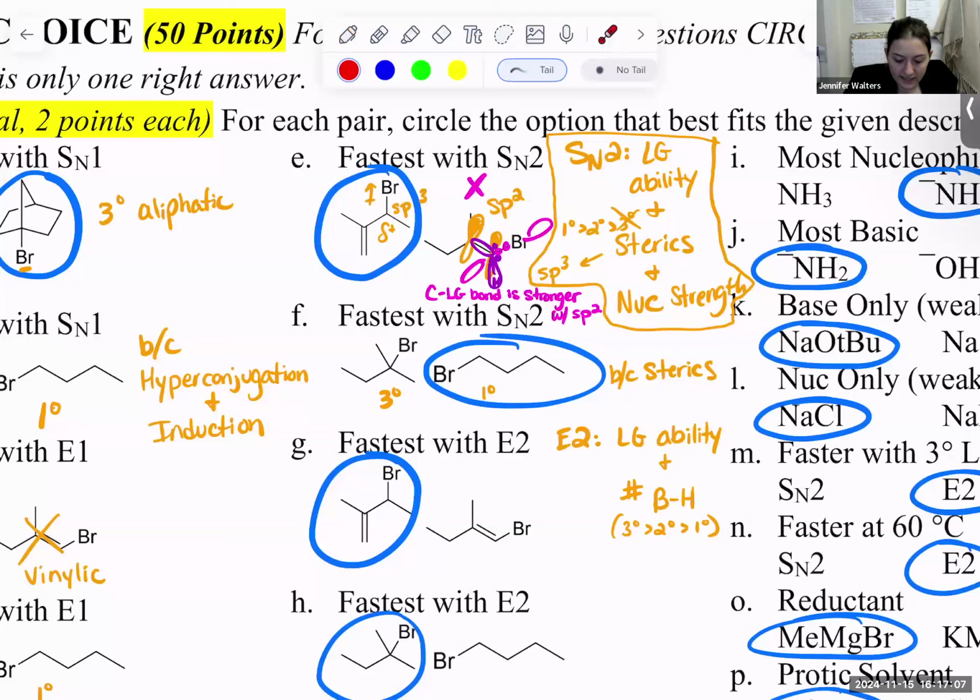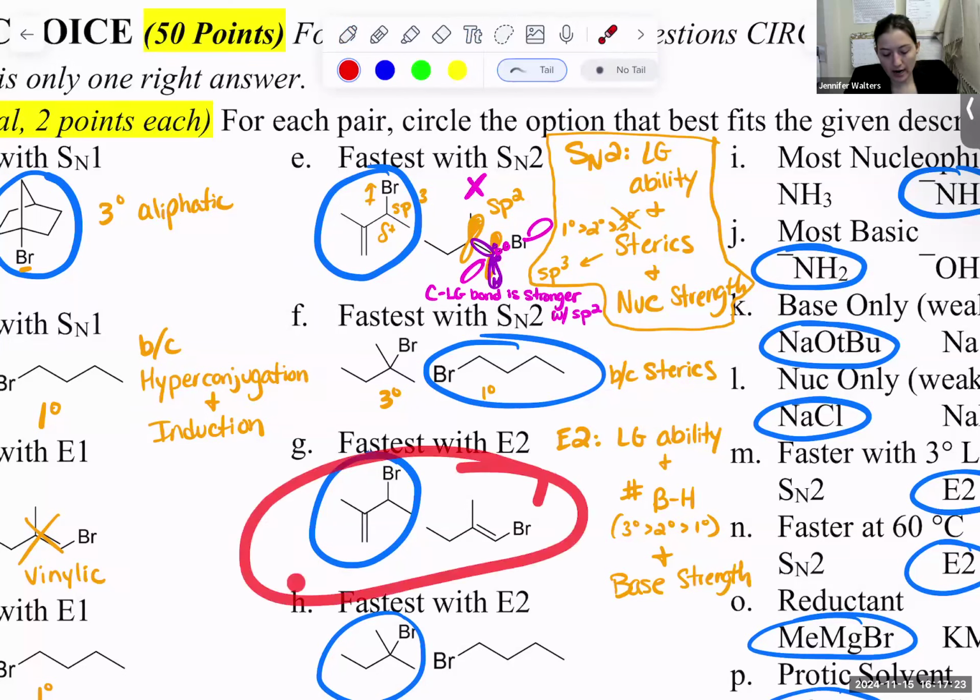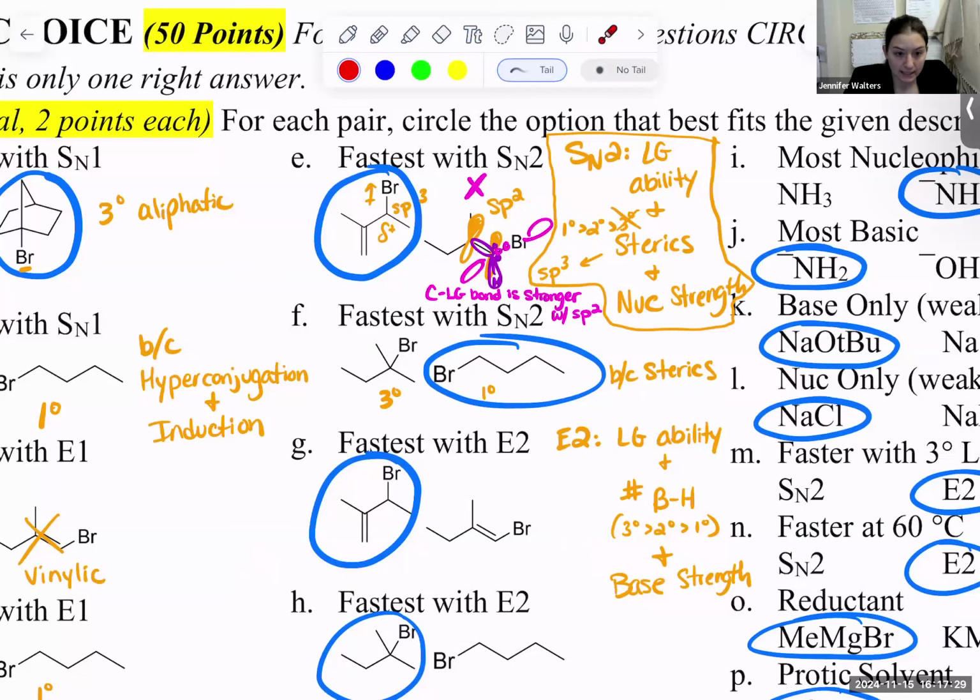So this is where it deviated and was the total opposite order, because it was the number of beta hydrogens. And it was also based on our base strength. So again, I know that these are not going to be bases. I know that they are my electrophiles or potentially acids. So then that's all we're really going to consider.